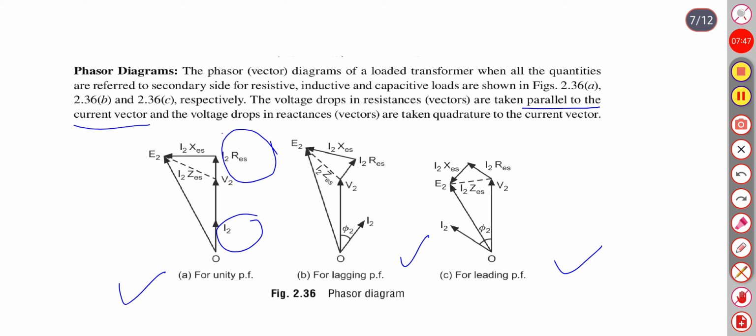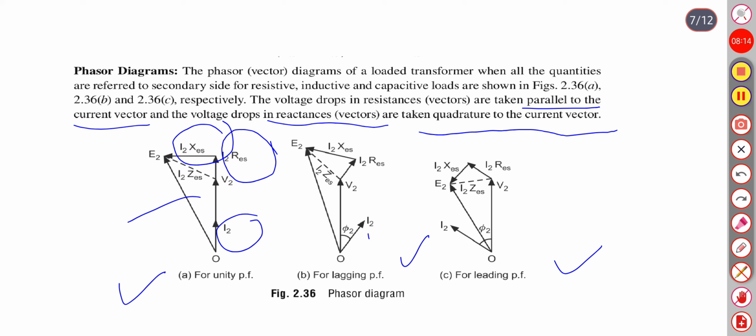This is I2 XES, and this is the total equivalent impedance drop I2 ZES. The voltage drops in reactance are taken quadrature to the current vector. This is for lagging power factor.